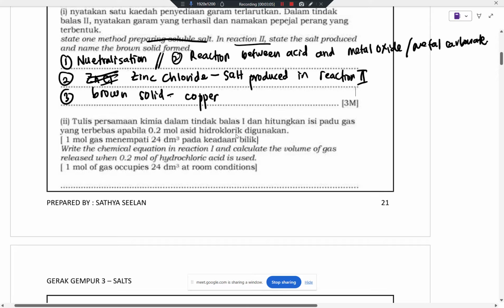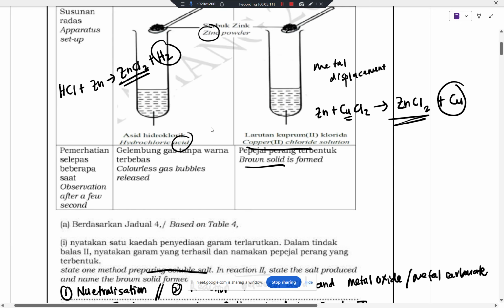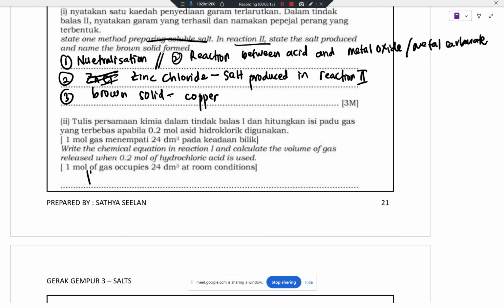Okay, now write the chemical equation for reaction 1 and calculate the volume of gas. This is a normal question. Hydrochloric acid plus zinc will form zinc chloride plus H2. It's not balanced because Cl and H2 are 2.